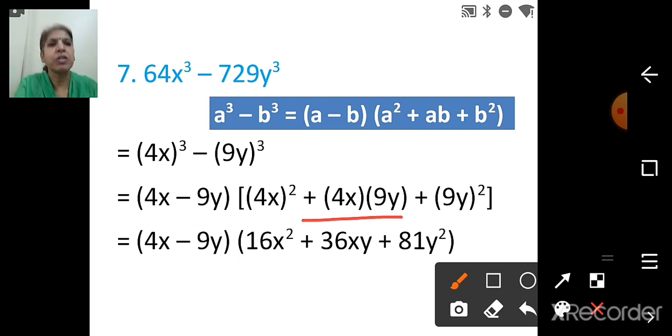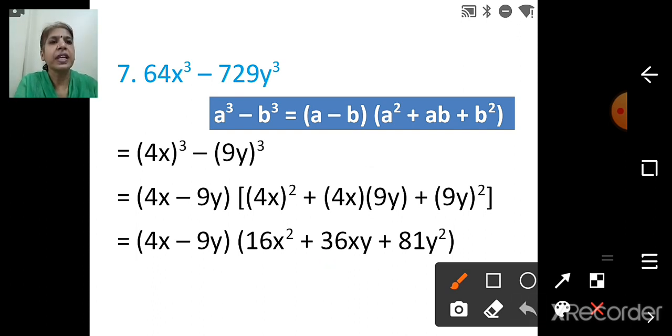So it is understood, two brackets are there and no sign between. So it is 4x into 9y plus 9y the whole square. Now we will simplify. 4x minus 9y the whole bracket multiply with 4x the whole square, square of 4, 16x square plus, now here you are going to multiply, 4 nines are 36, so 36xy.